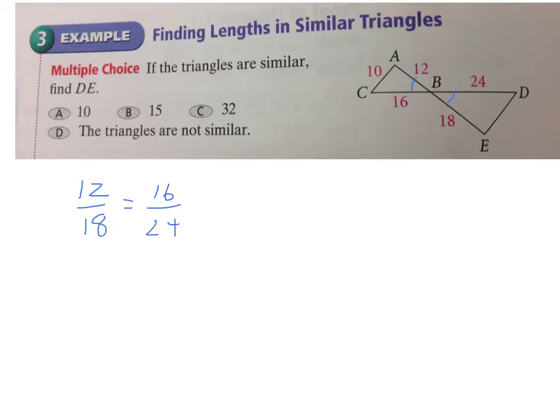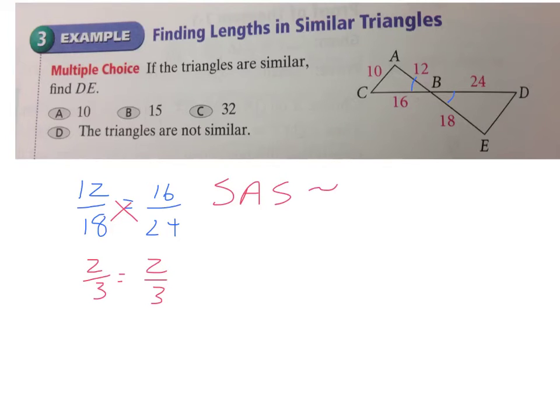Now to solve this you can either use cross products, or I'm just going to reduce both fractions to 2/3. Alright, so since they both reduce to the same thing, they are similar by SAS similarity.